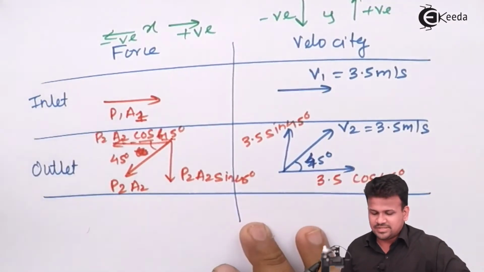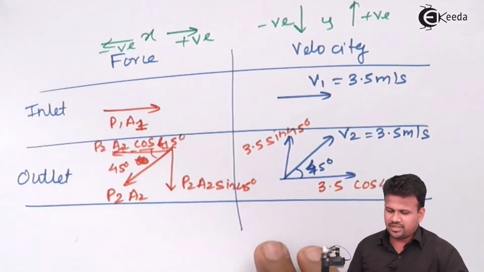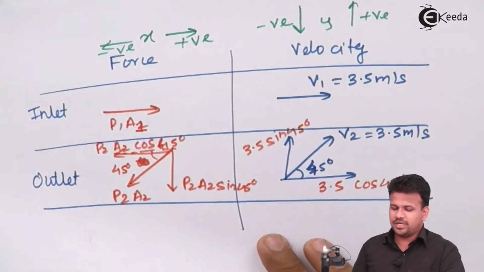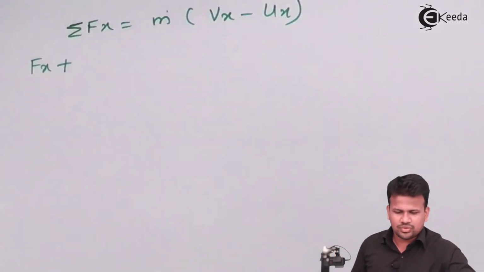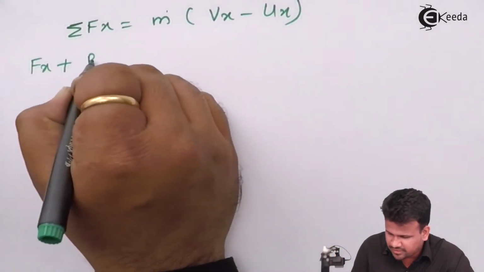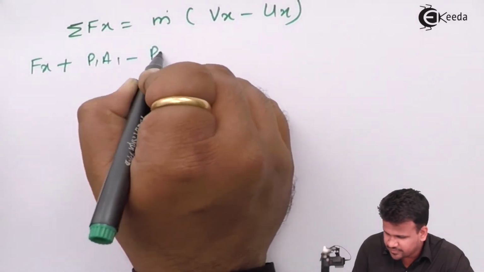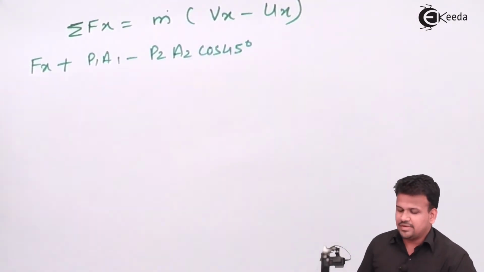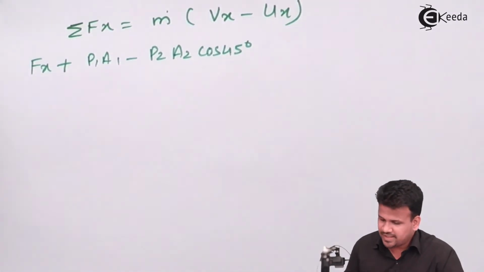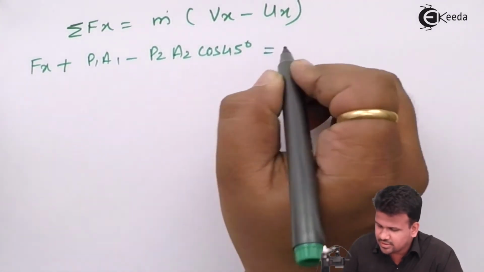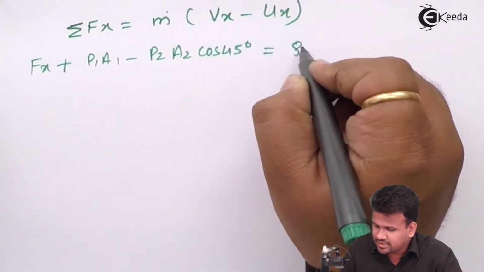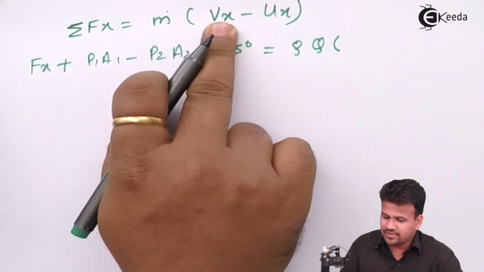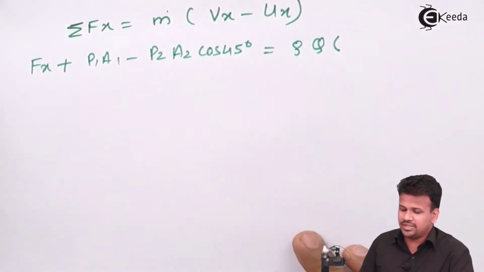Since it is going towards right, this will be P1A1 positive, minus, as it is going towards left, P2A2 will be negative. So this is P1A1 minus P2A2 cos of 45 degrees, which is equal to mass flow rate, that can be written as rho into Q, times final velocity at x minus initial velocity at x.